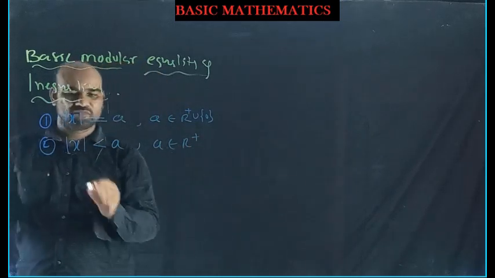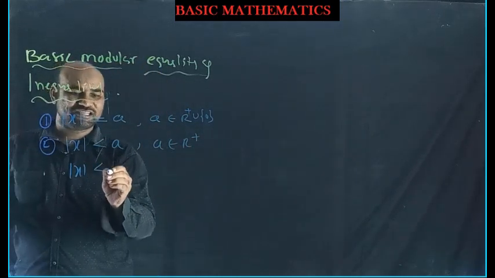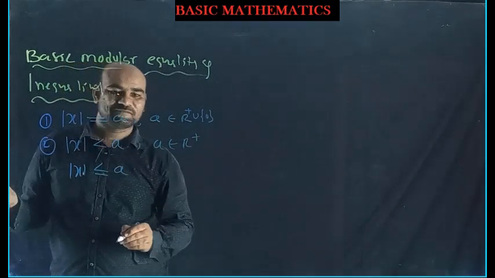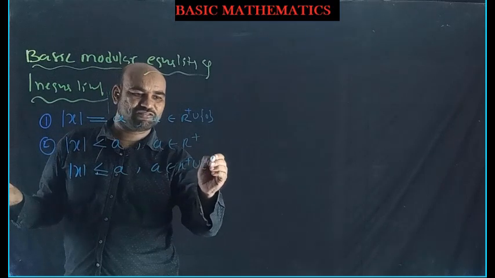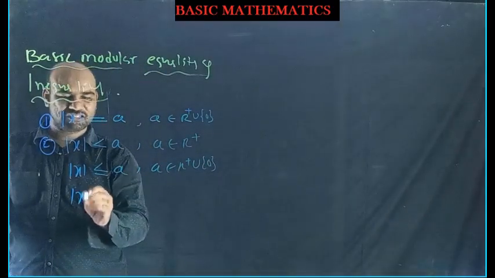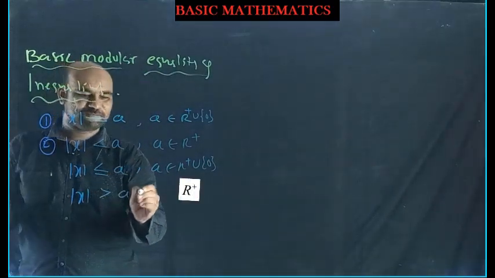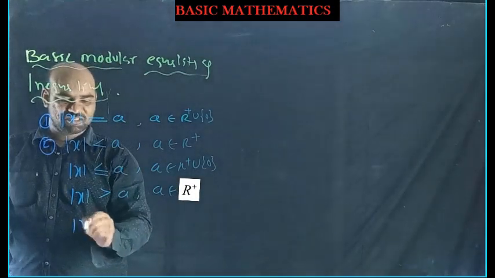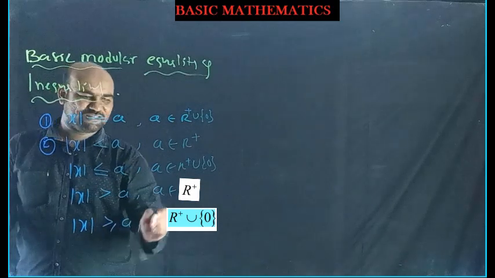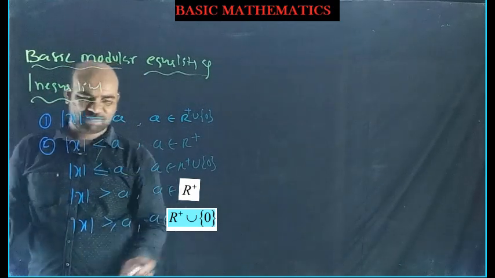Modulus of x less than or equal to a, here a belongs to R plus union the set 0. Modulus of x greater than a, where a is any real number. Modulus of x greater than or equal to a, here also a is any real number.